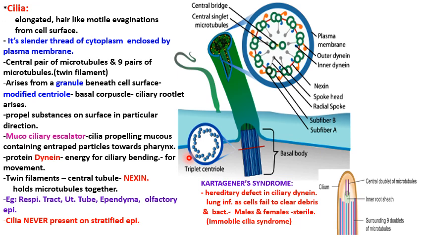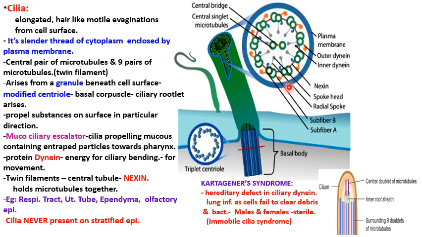And when you see the cut section at the middle of the cilia, it consists of the central pair of microtubules, and on the periphery it has 9 pairs of microtubules which are arranged in pairs, that is twin filaments.